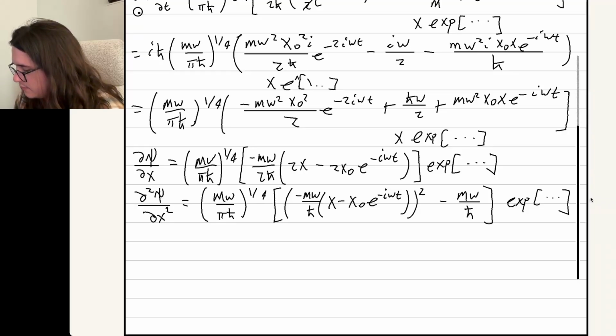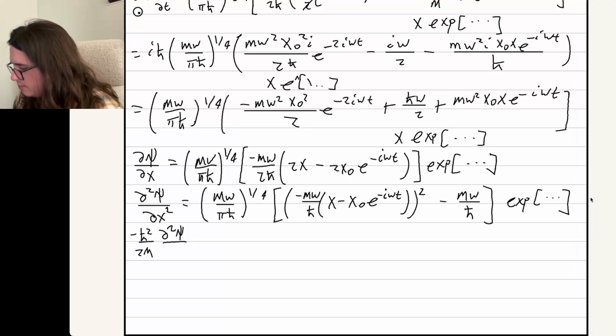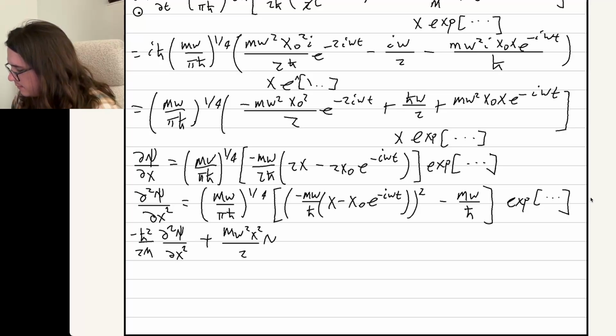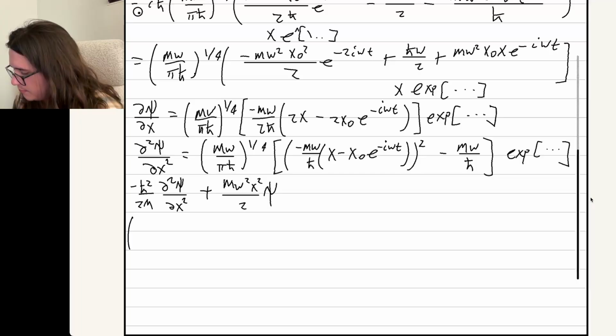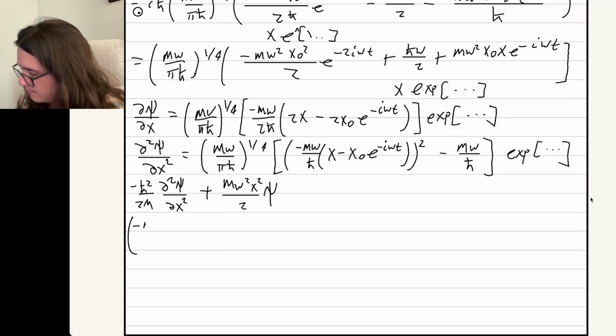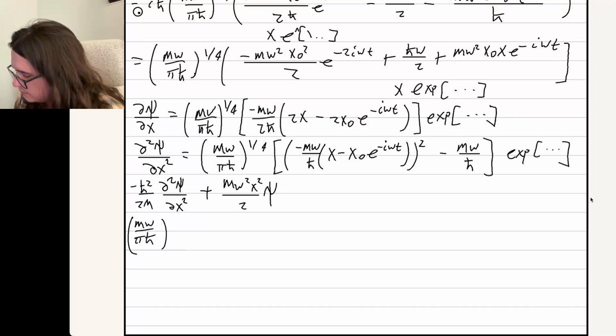So let's start constructing the full right-hand side. It's minus h bar squared over 2m times the second derivative plus m omega squared x squared over 2 times the wave function. So we've got a bunch of stuff which depends on m omega over pi h bar to the 1/4.